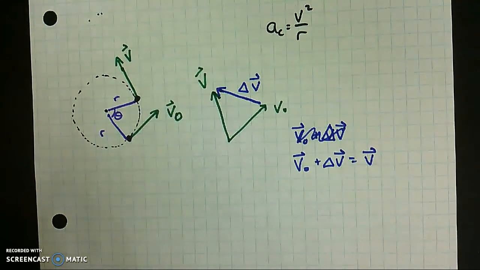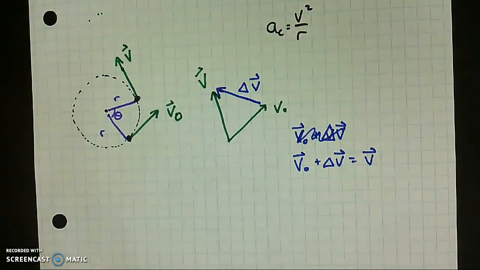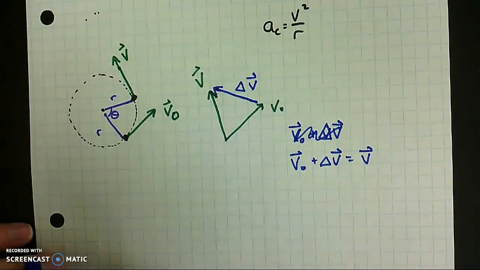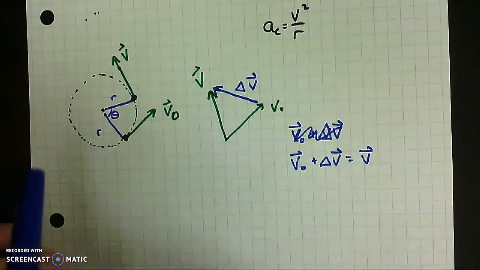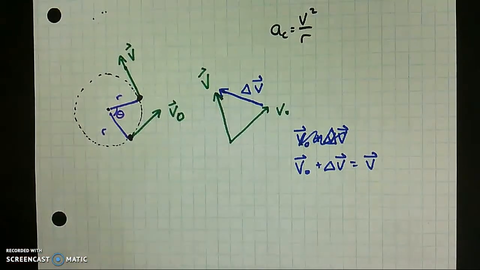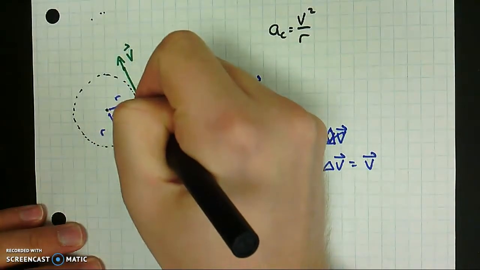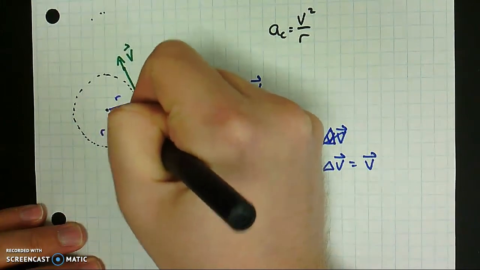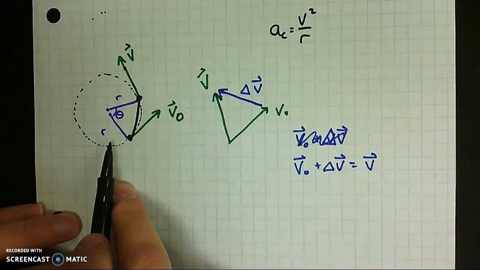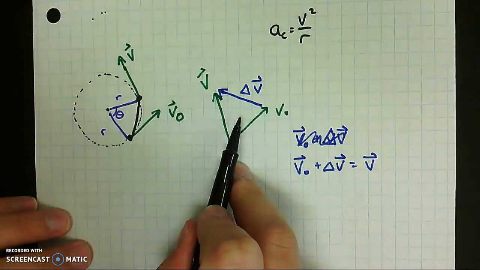Okay. Now, what we can show is that this triangle made between these two radii and this secant line is going to be similar to this triangle. Here's why.